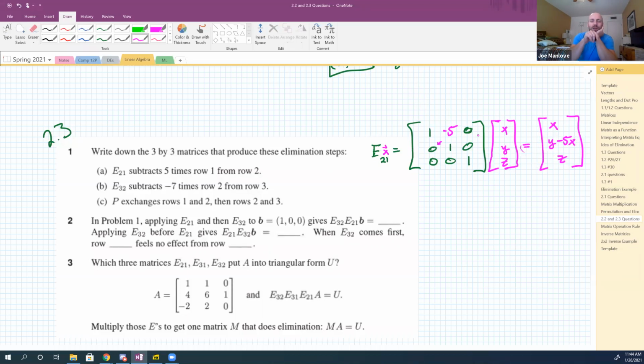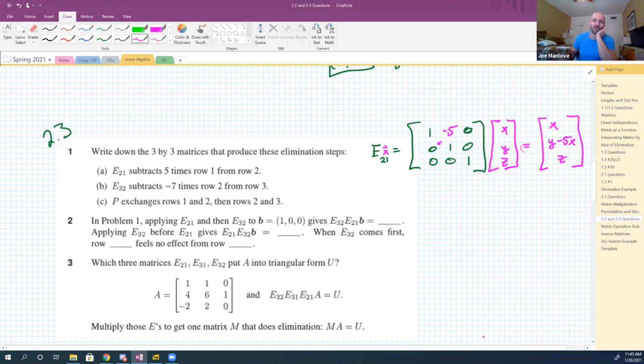What am I going to get out of that? x minus 5y. Oh, I'm going to get x minus 5y. I wanted this to be x. Oops, it's in the wrong spot. You guys see that? That's how I'd subtract 5 times row 2 from row 1. That's not what I want.